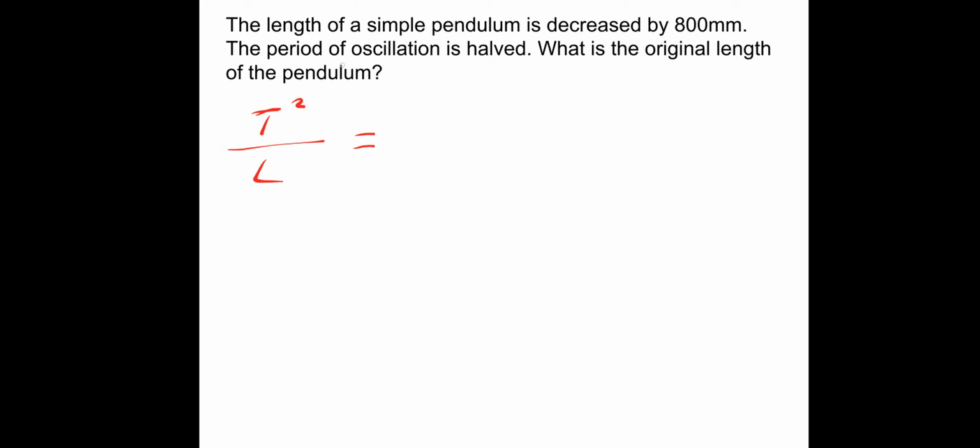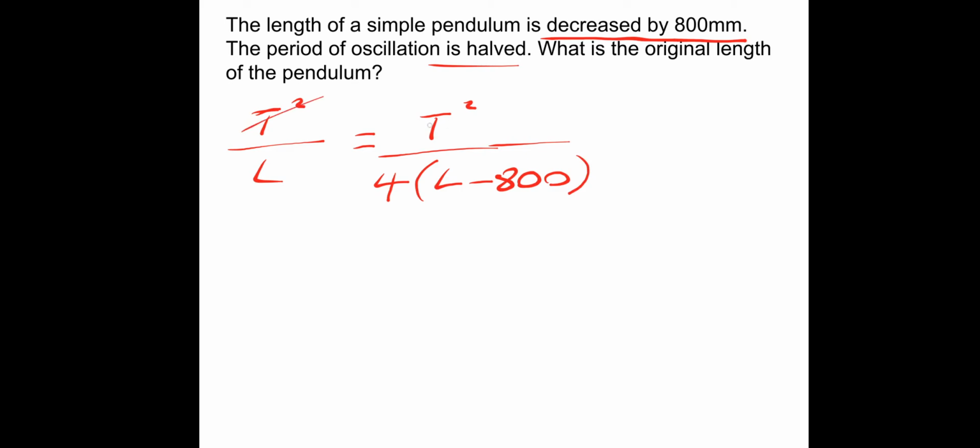The period of oscillation is halved, so it would be 0.5 T, but we have to do 0.5 squared as well as the T squared, so 0.5 squared is 0.25 or 1 over 4. So I'm going to have T squared, and I'm going to put the 4 at the bottom. Then we need to multiply by the length, and the length in this instance is the length minus the 800 millimeters, because it decreased by 800 millimeters. So we can bracket the original length minus 800.